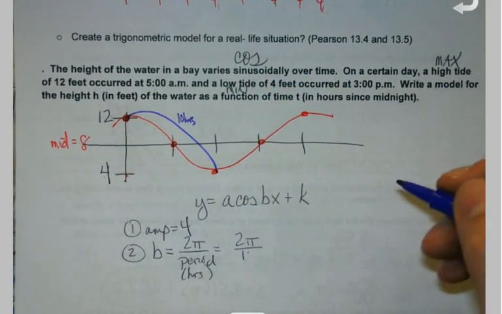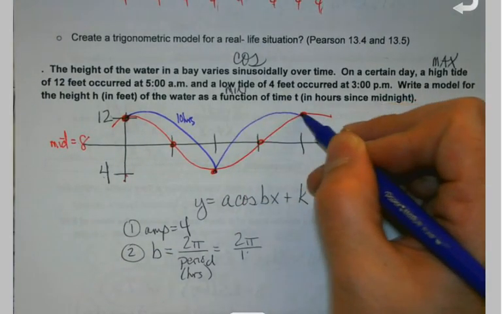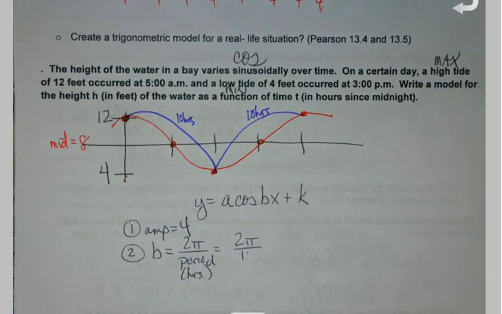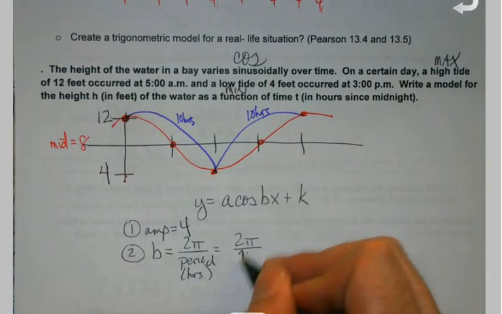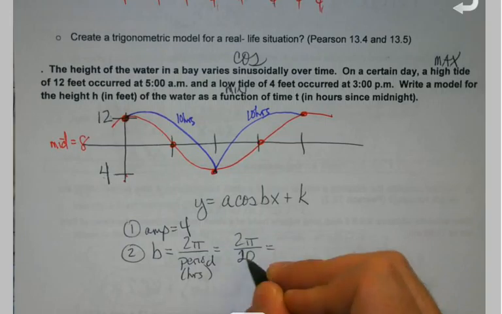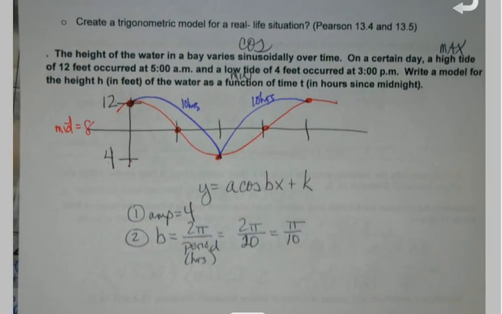If that same pattern continued, from low back to high would be another 10 hours. So 10 hours and 10 hours would be 20 hours. And 2 pi over 20 reduced is pi over 10. That would be my b value.